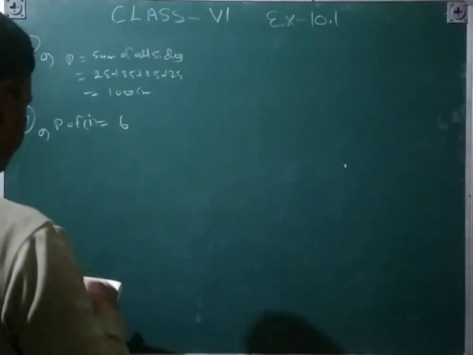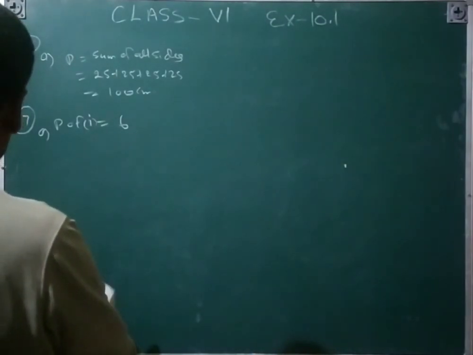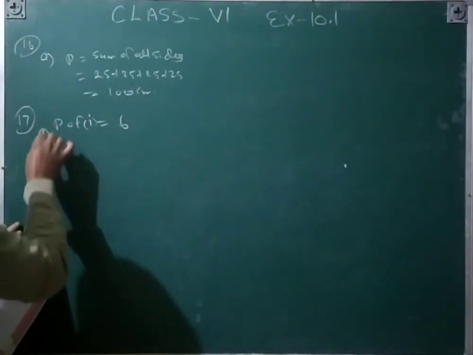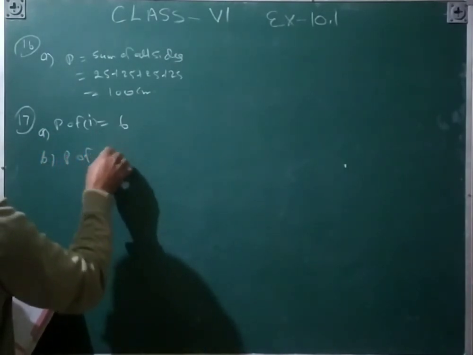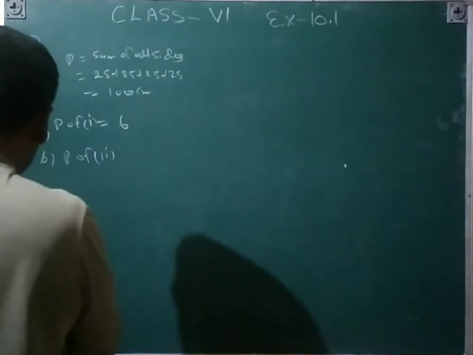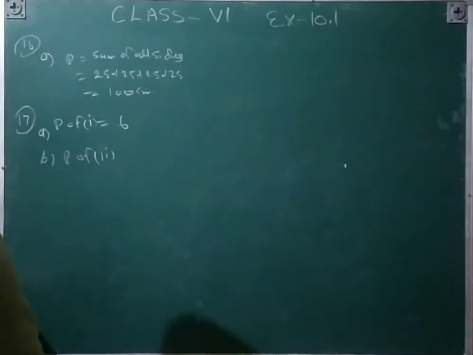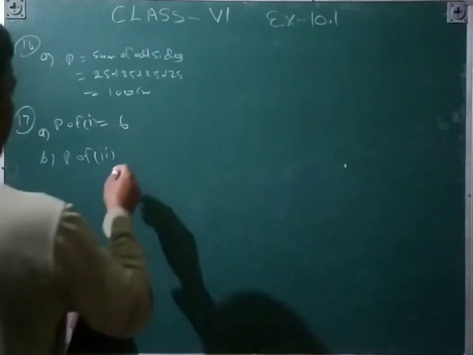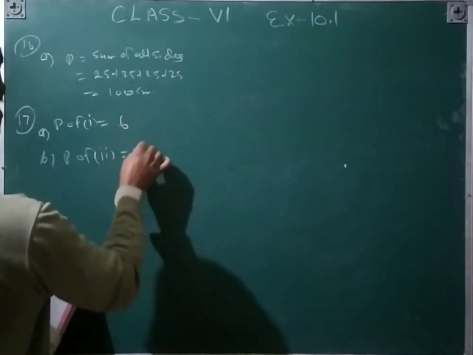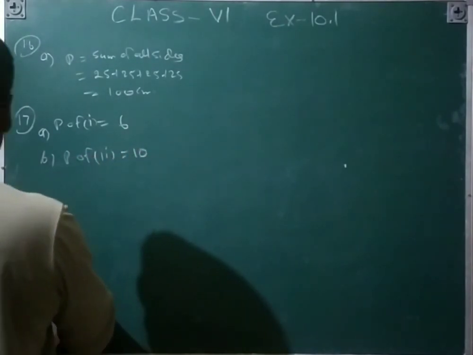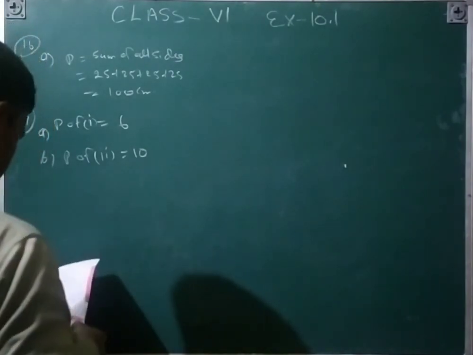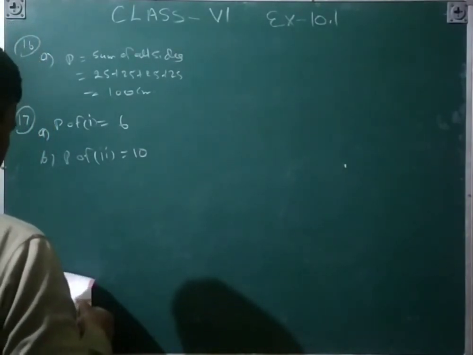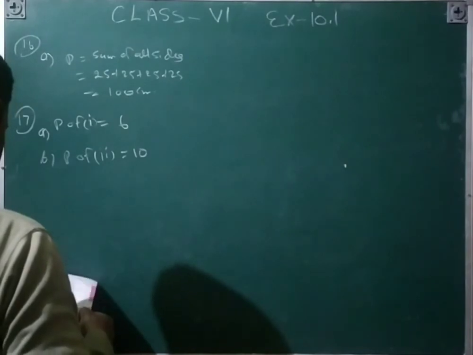And then the perimeter of the second part B: here you will again count the boundaries, that will be 10. Centimeter or meter, whatever unit is given there, you will write that. Obviously that will be centimeter.